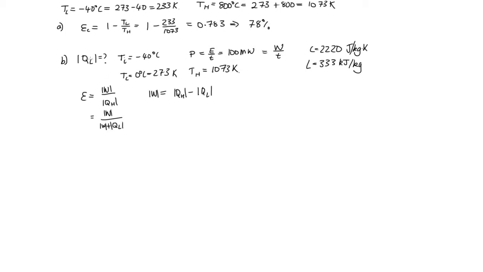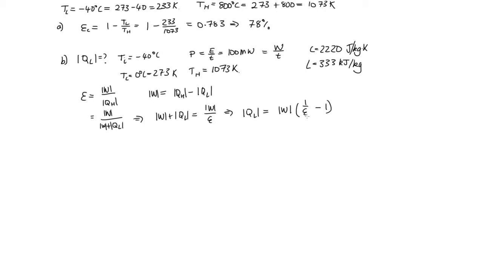And so what we're trying to do is find QL. So we can rearrange this. We end up with W plus QL is equal to W over the efficiency. And so this tells us that QL is equal to W times (1 over the efficiency minus 1), where we've pulled W out the front.